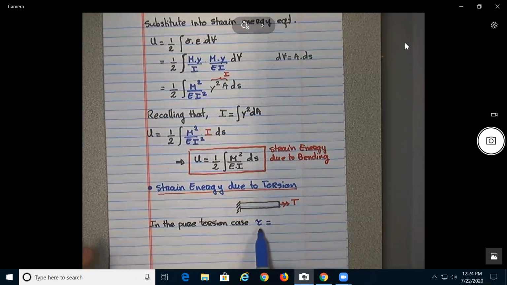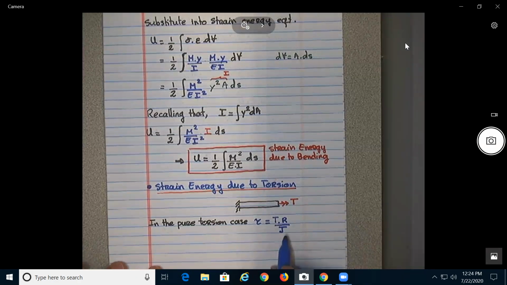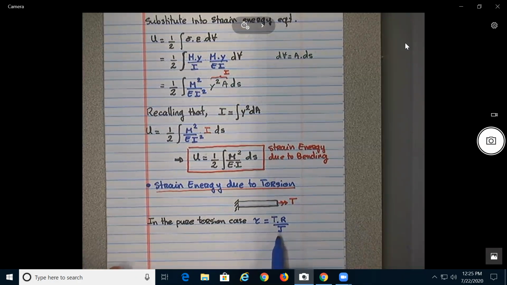Instead of sigma, they use tau, but you could use sigma because it's still stress. So tau was equal to what for torsion? We say tau was equal to T times R divided by J, where J is the modulus of rigidity for torsion. So this is equivalent to the E, but for torsion, no? Resistance to torsion. Okay.